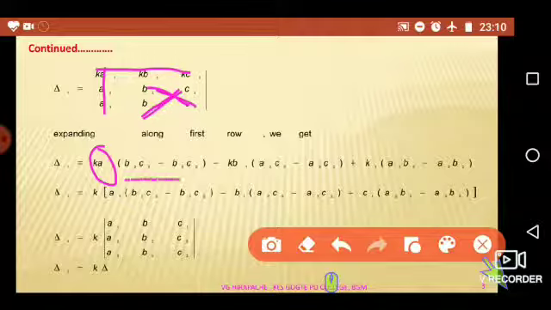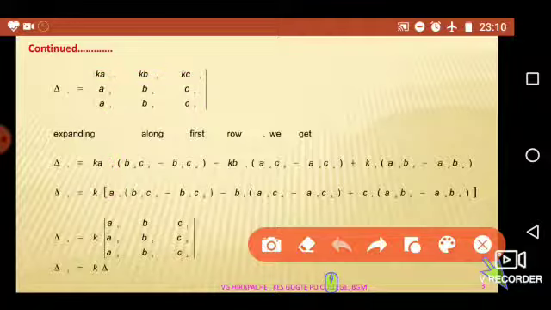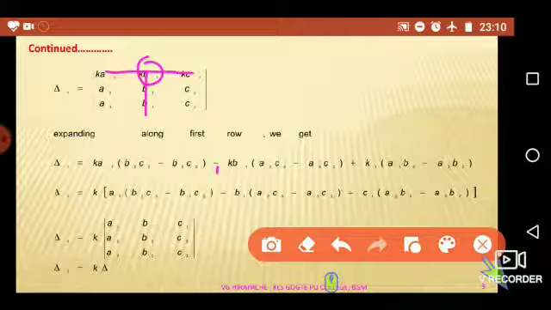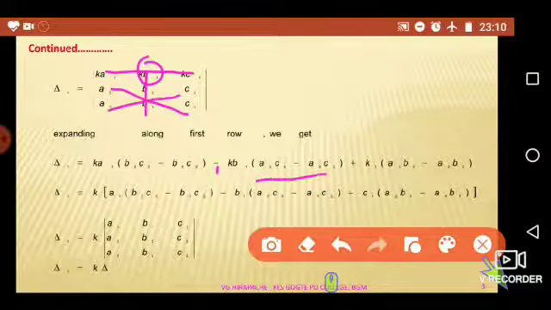Before I go to the next element of the same row, we multiply with a minus sign. Therefore, minus of kb1. Deleting the first row and second column, we are left with a2, c2, a3, c3. Therefore, a2 c3 minus a3 c2.